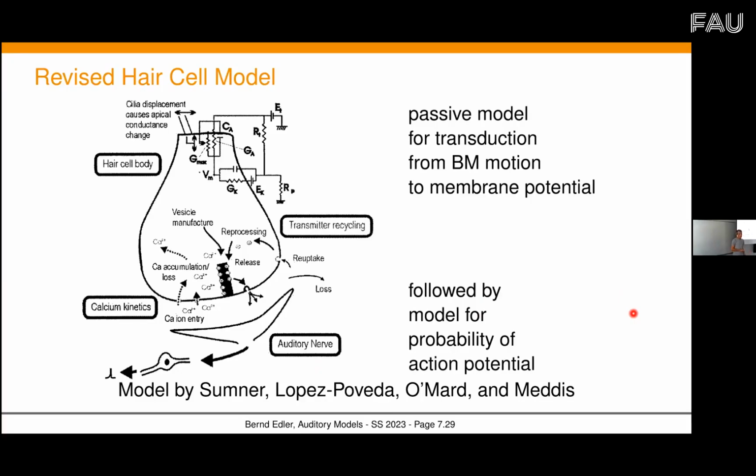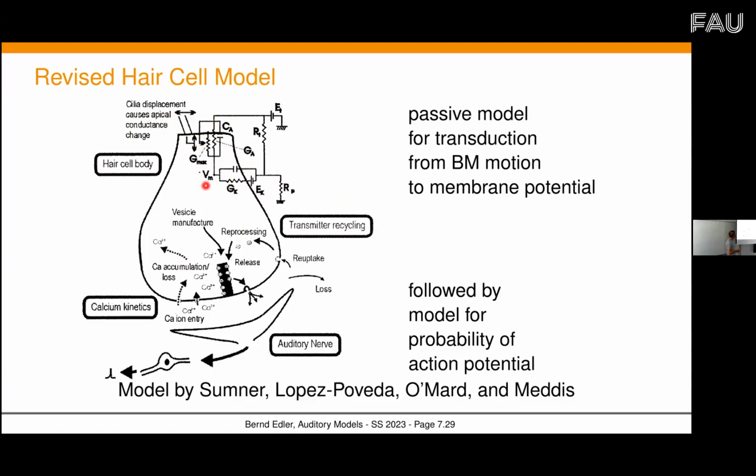So I want to continue where I stopped last time, and this was about hair cell and hair cell models. And there I stopped here, which is introducing a bit more advanced or revised, they call it revised hair cell model, which splits the processing into the processing of the calcium ions, potassium ions in the hair cell.